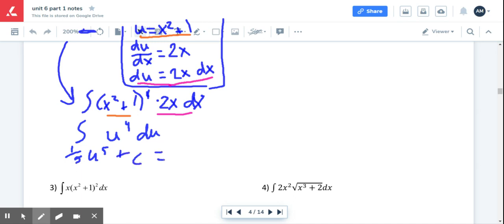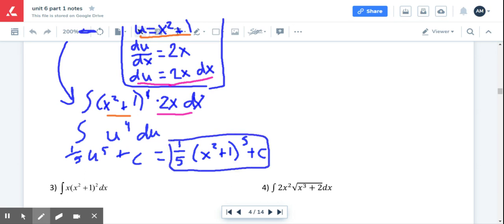The last step is that we don't want to keep it in terms of u, because our original function was in terms of x. So we substitute u back in: 1/5 times x squared plus 1 to the 5th, plus c. And that is our integral.